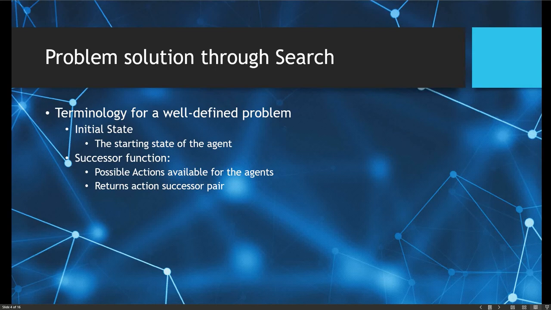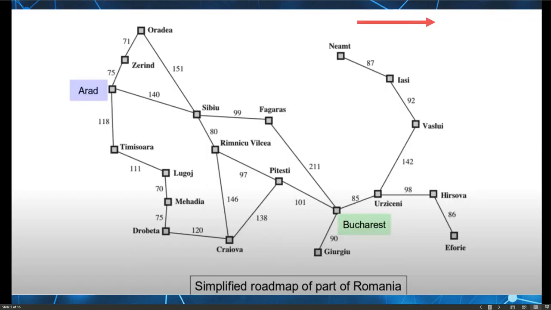So I want to explain a little bit about how a successor function works in theory. Going back to our main problem of our autonomous vehicle going from one place to another, first, we have the initial state of being in Arad. Then we have many possible actions, but let's, for the sake of argument, take the action as go to Sibiu.